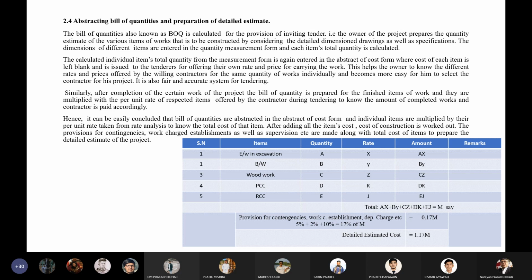Similarly, after completion of certain work of the project, the bill of quantity is prepared for the finished items of the work, and they are multiplied with the per unit rate of respective items offered by the contractor during tendering, to know the amount of completed work, and the contractor is paid accordingly.